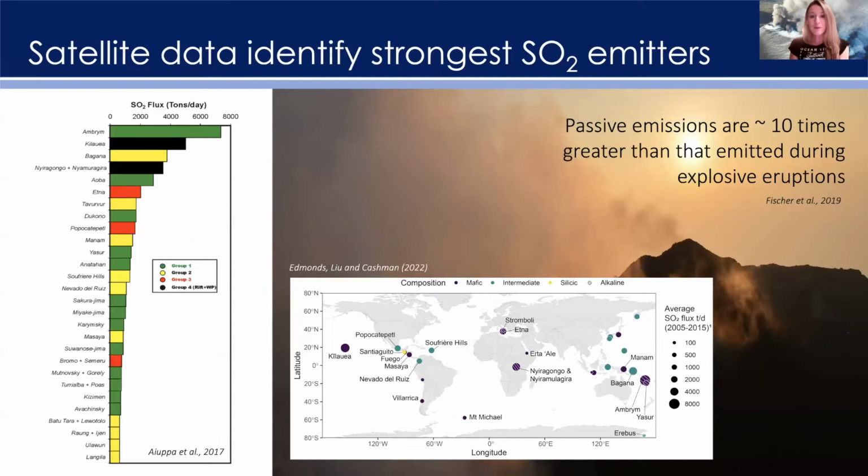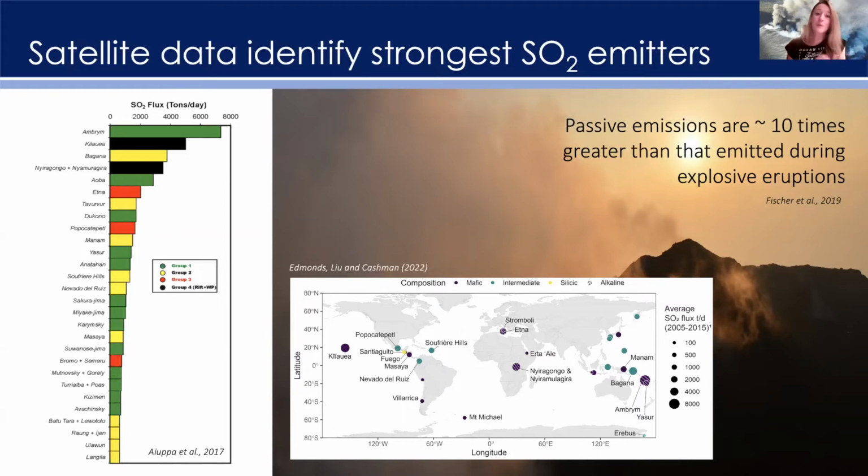When we think about the global budget of total emissions, I've been involved recently in projects where we've tried to assess what is the total amount of SO2 and CO2 released by volcanoes globally in the present day. It's important to distinguish between explosive and passive degassing. Now, from satellites, we can identify the strongest SO2, sulfur dioxide, emitters on Earth. We've got a map on the bottom here, and if you prefer graphs, we have a graph on the left-hand side.